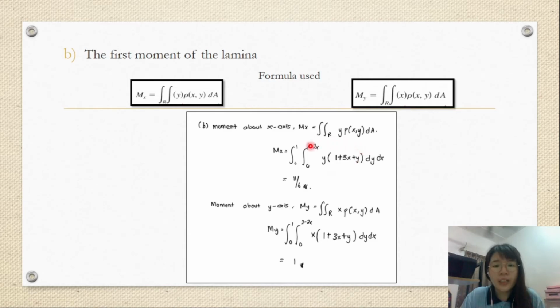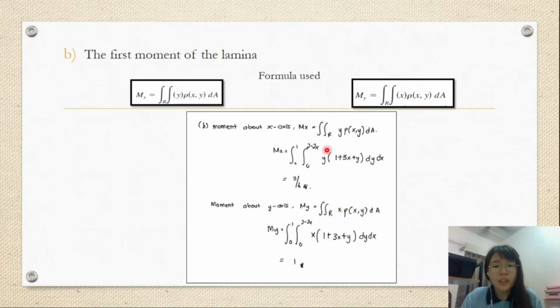So we integrate the inner integral, then the outer integral, and we get Mx is 11/6.